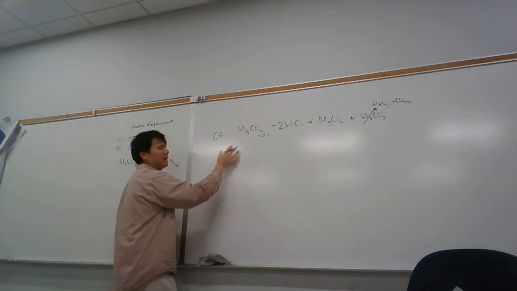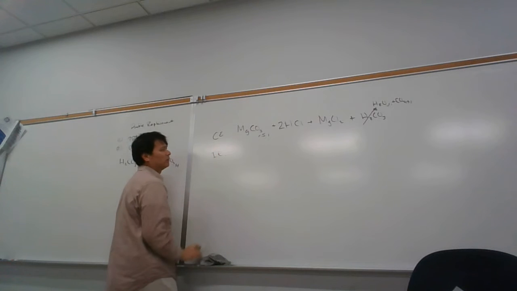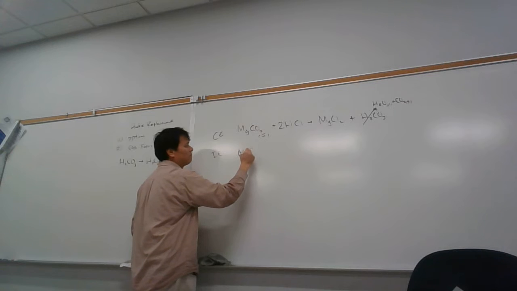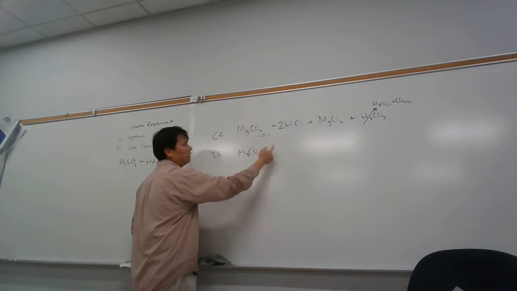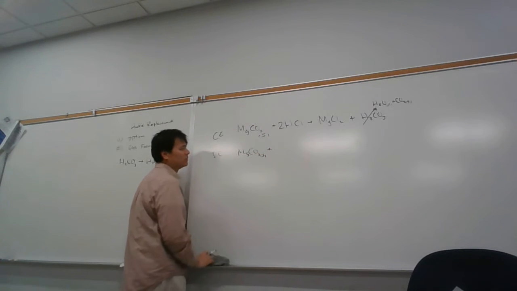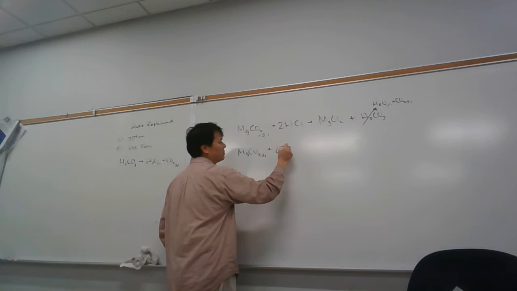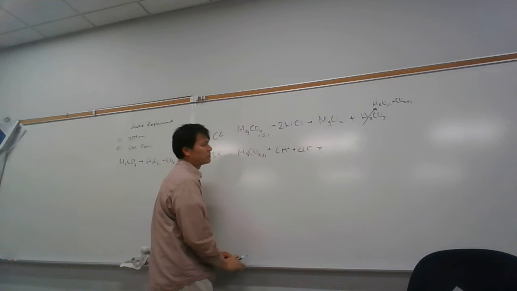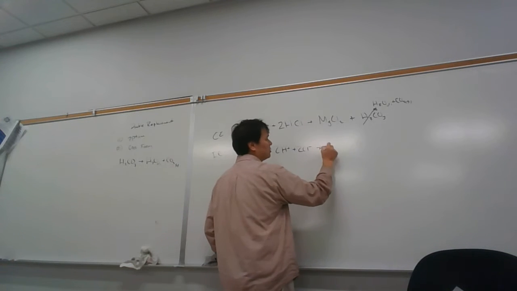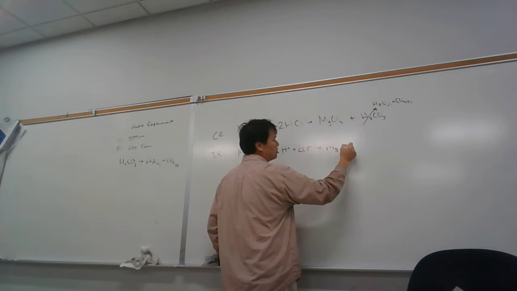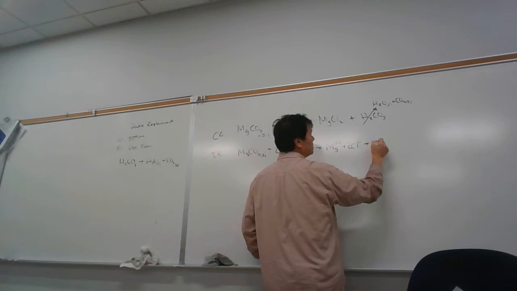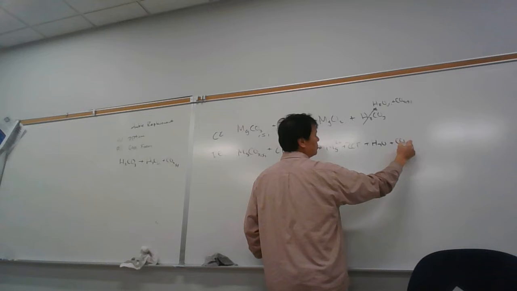Where that's going to impact us is in the IE. In the IE, what do we do? This is an insoluble solid, so we leave it alone. HCl is a strong acid, so we dissociate that: 2H plus and 2Cl minus. Magnesium chloride is a soluble salt, so we dissociate that into Mg2 plus and 2 chloride. Water we don't do anything with, that stays as is, and same with CO2.